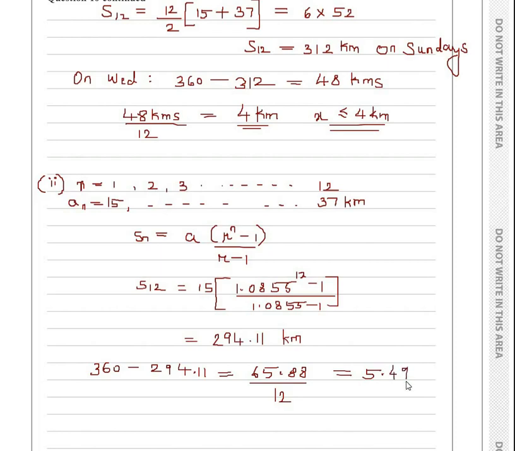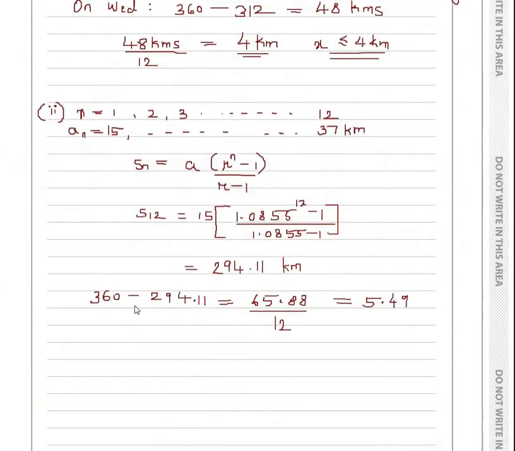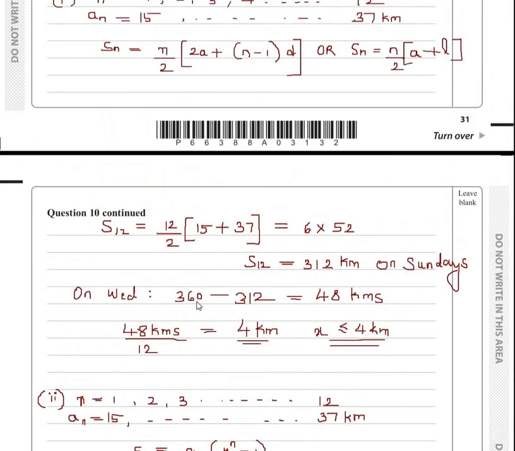But since they have given us that x is an integer, we cannot take this x value as 5.49. We have to take x as 5. So it has to be less than or equal to 5, but not greater than 5 kilometers. If he is running more than 5 kilometers, then he will be exceeding his 360 kilometer mark.